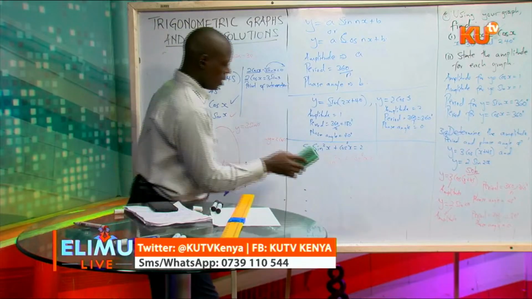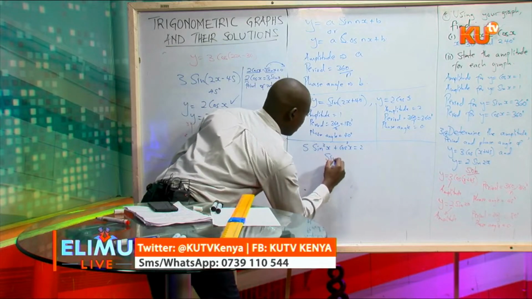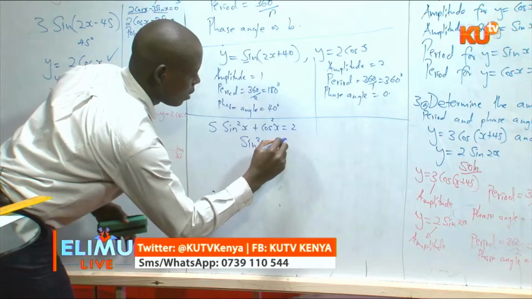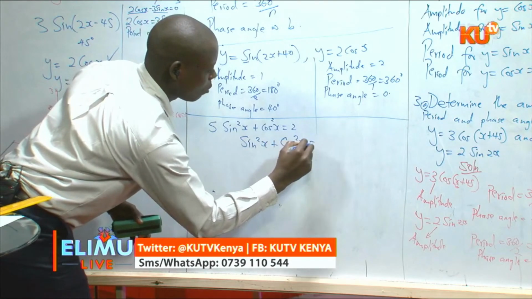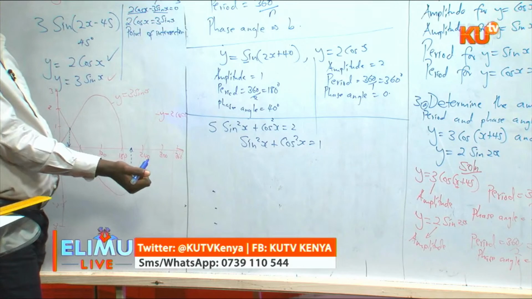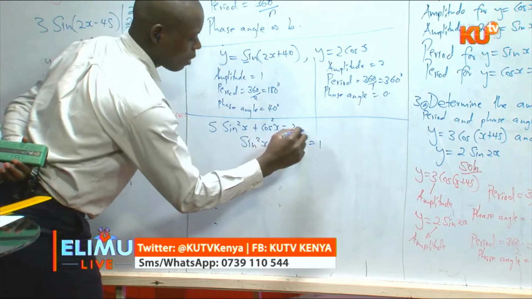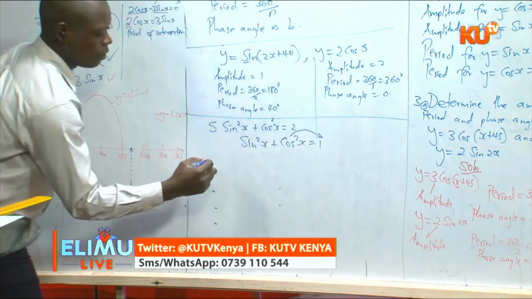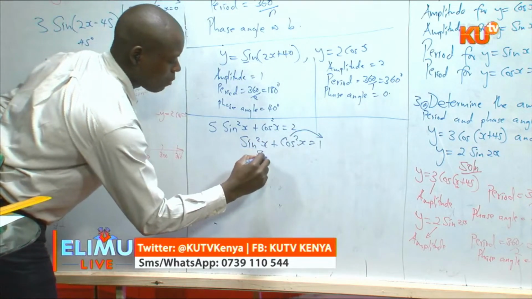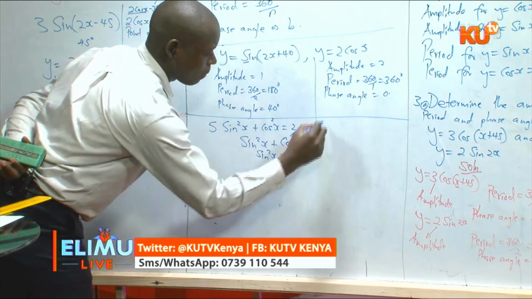So what we will do is, we have sine squared x plus cos squared x is equal to 1. I will either decide to eliminate sine or cos. If I do with sine, then I will take cos to the right-hand side. So it implies that sine squared x is equal to 1 less cos squared x.